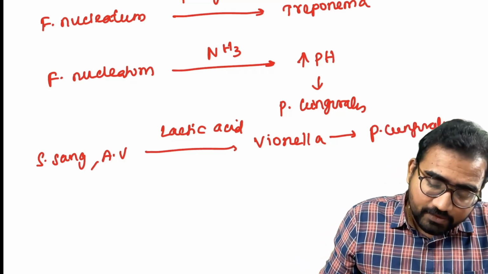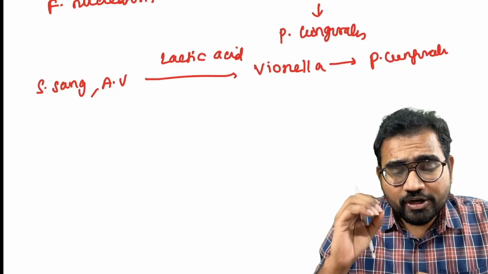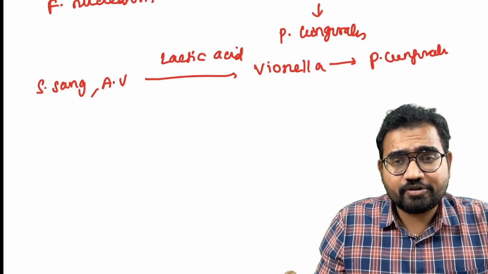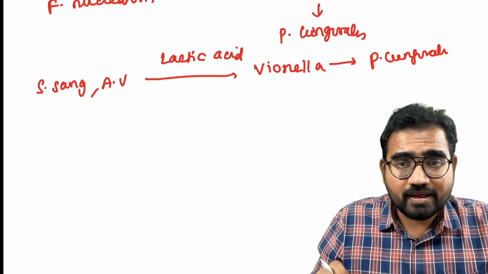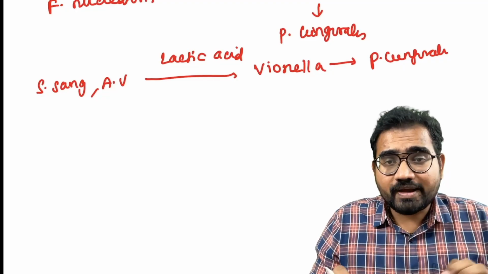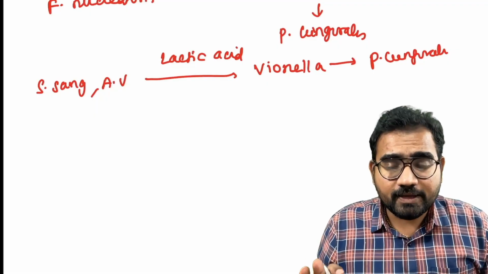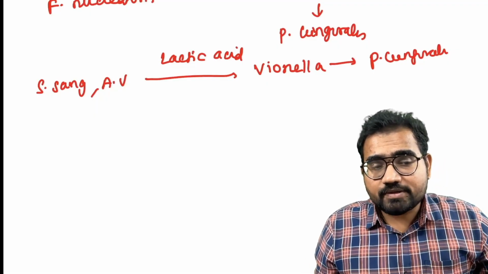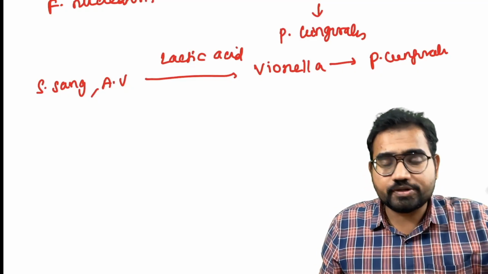The most virulent bacteria that cause periodontitis are Porphyromonas gingivalis and Aggregatibacter actinomycetemcomitans. So anything which favors the growth of these two is considered periopathogenic, and it makes the environment more detrimental and causes more destruction.